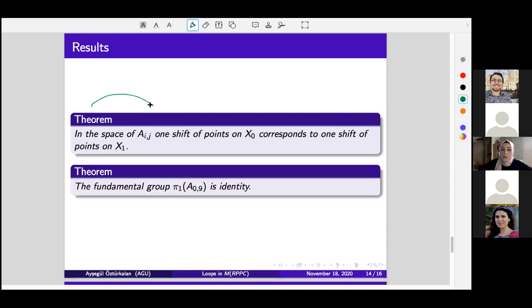What I mean, for example, if you have 6 points here and 3 points here, for every movement here, if this shifts to this one, this shifts to this one, this shifts and comes from infinity to here.